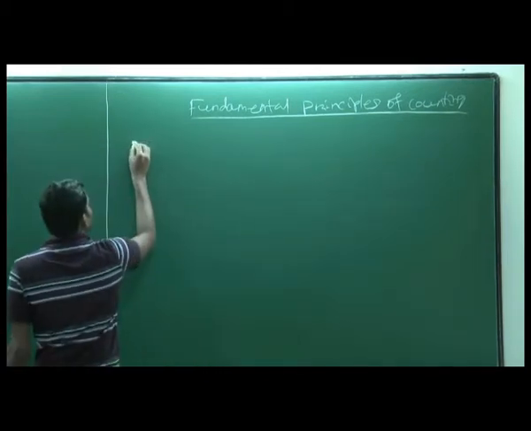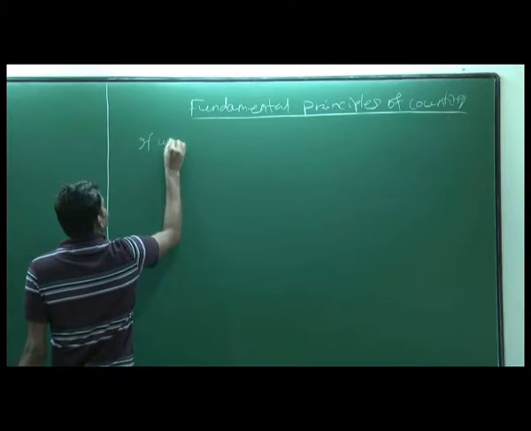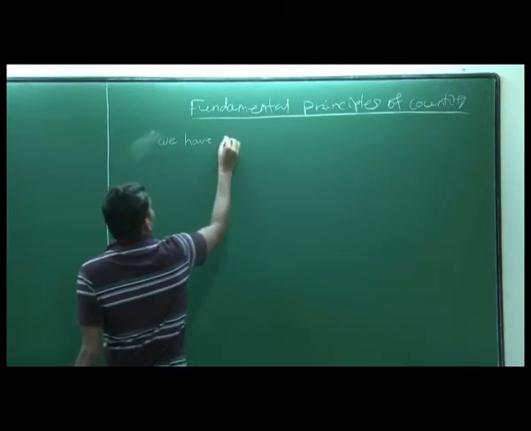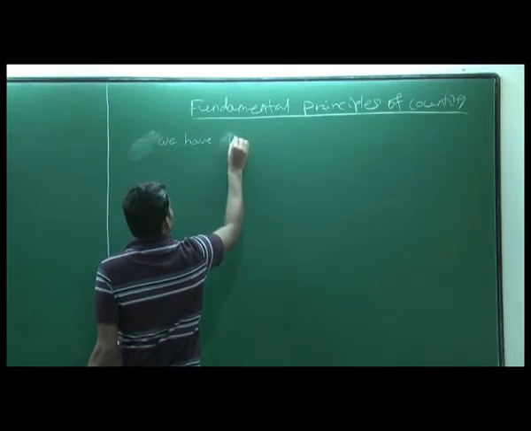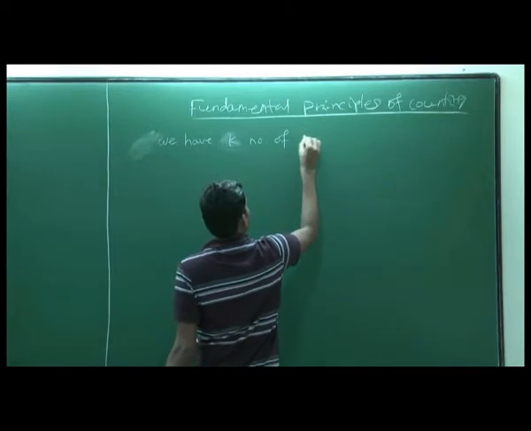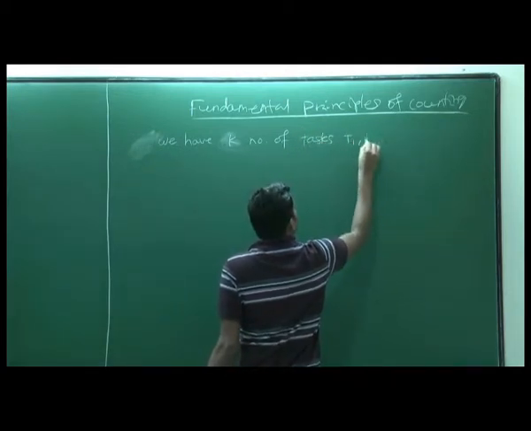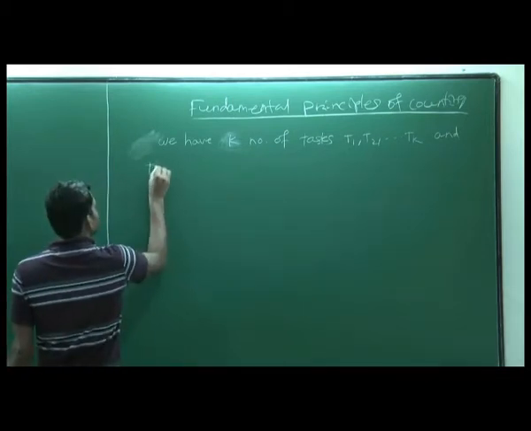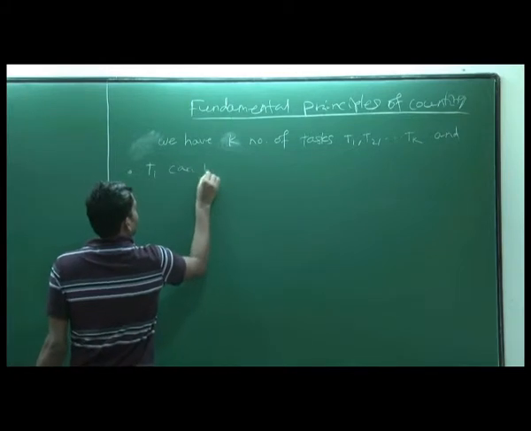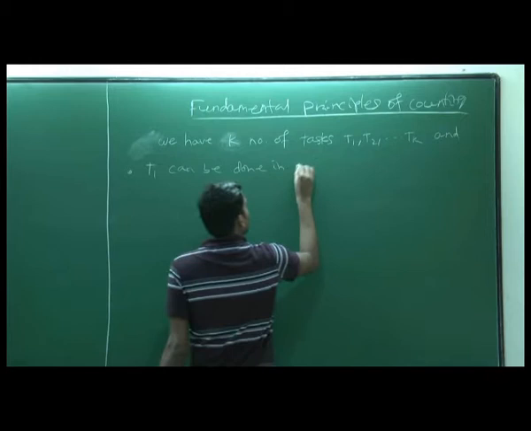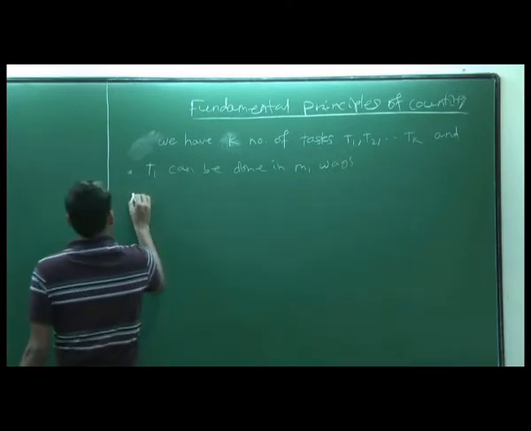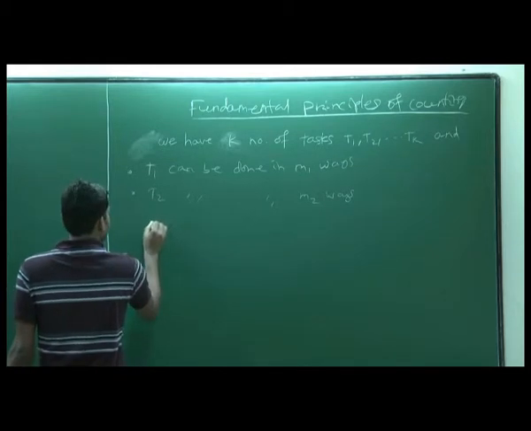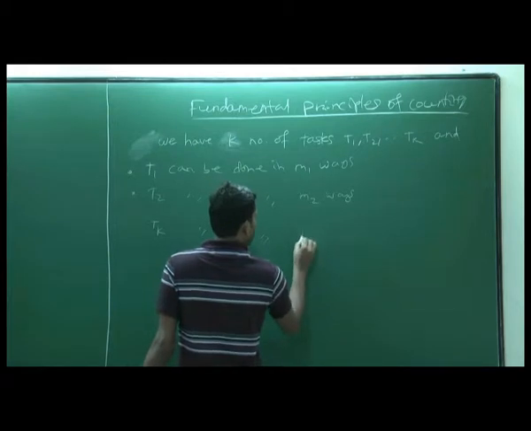What is the statement? Suppose we have k number of tasks, T1, T2, dot dot dot, Tk, and T1 can be done in M1 ways, T2 can be done in M2 ways, and so on, Tk can be done in Mk ways.